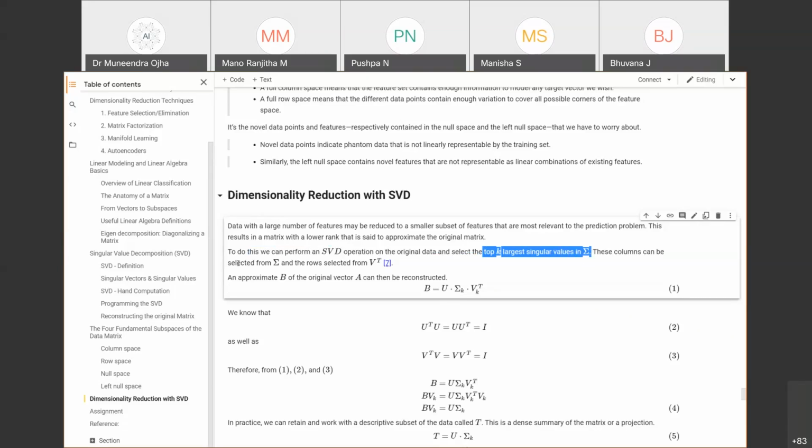These columns can be selected from sigma, and the corresponding rows from VT. Now, whatever approximation we perform, we call it matrix B, and this matrix B is an approximation of matrix A, which will be the final output on your data matrix. This way we were able to remove some of the columns which were not necessary.